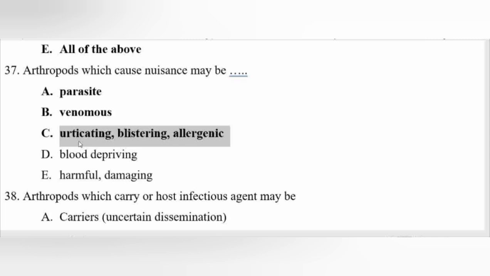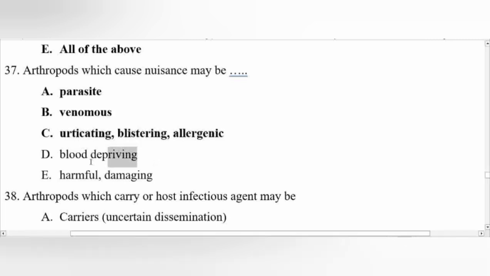When it comes to allergy, somebody may be hypersensitive to the extent that the person can suffer anaphylactic shock. So yes, that one too is an option. Then blood depriving, exsanguination.